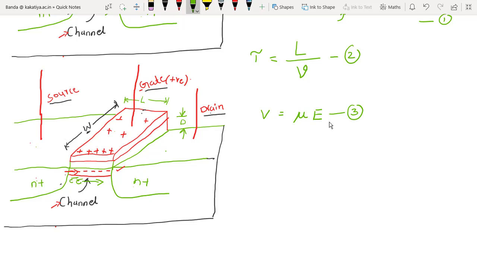So here V is equal to mu E. Here mu is constant because mobility is fixed for electrons as well as holes, and E means the electric field.